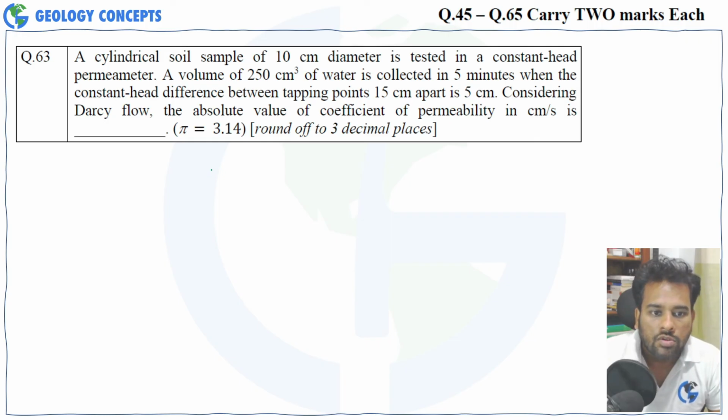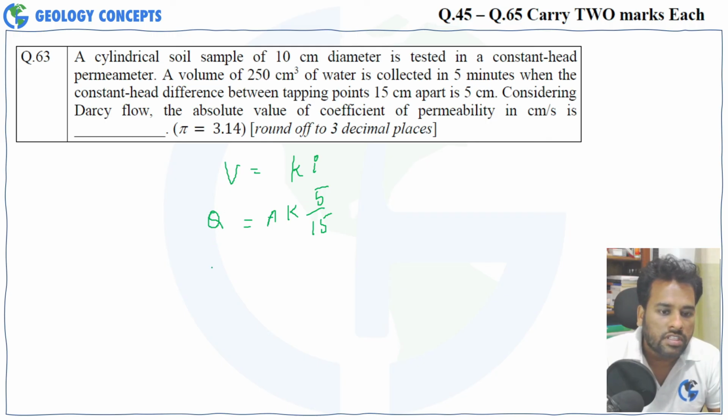Okay, so Darcy velocity is equal to Ki. i is hydraulic gradient, so this is 5 by 15. K we have to calculate, and V can be written as Q by A. If I bring A this side, Q is the volume flow per second, right?